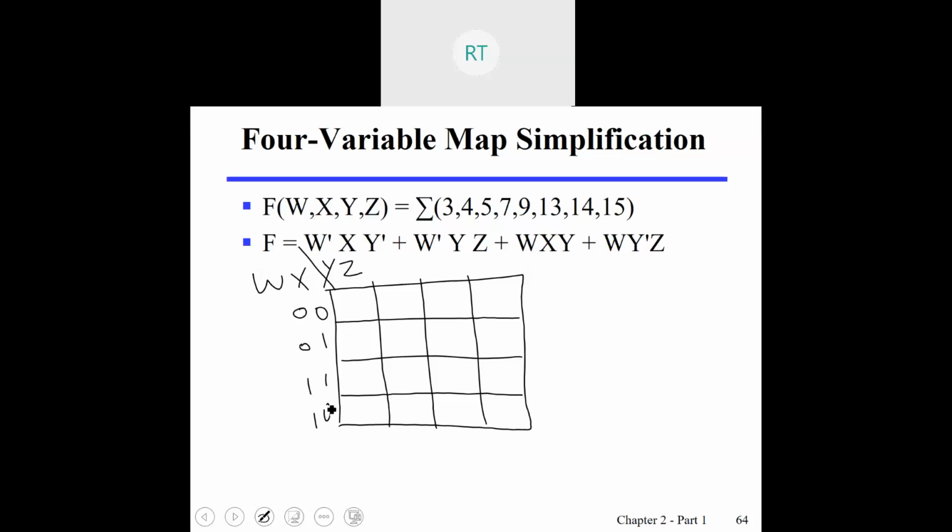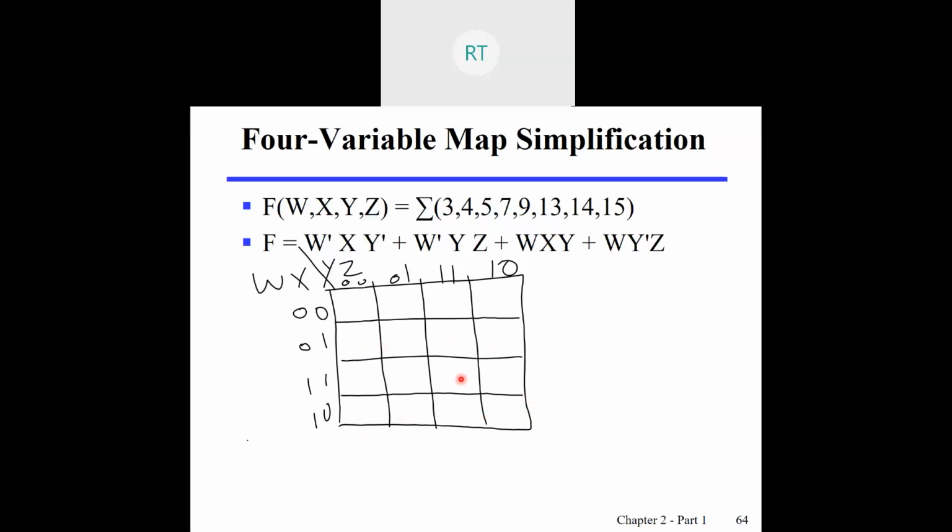We move here 00, 01, 11, 10. I will point to the locations with the laser pointer. This is 0, 1, 2, 3, 4, 5, 6, 7, 8, 9, 10, 11, 12, 13, 14, 15.